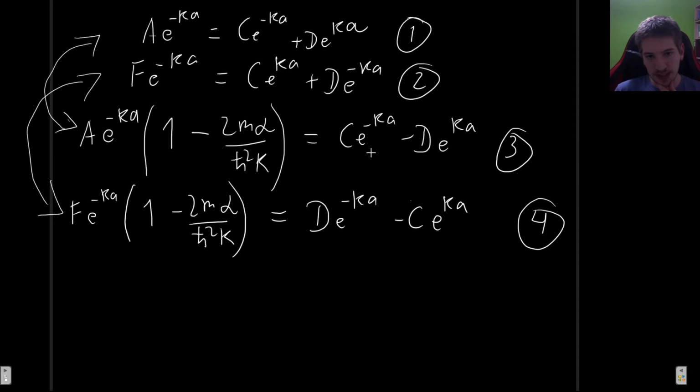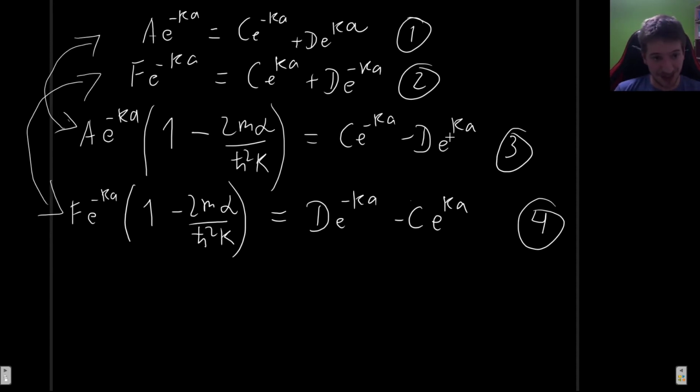In fact, if we take a look at this, we have this c e to the minus ka plus d e to the ka, it's basically the same, but we have this minus sign down here. So if we were to add these two equations, equation 3 plus 1, this d would cancel out. And that seems like progress.